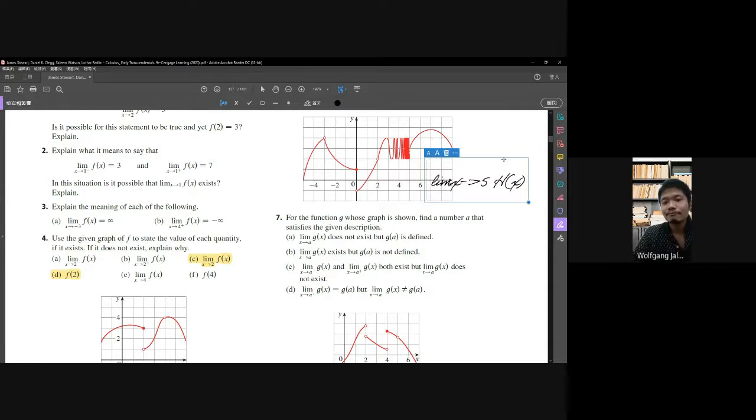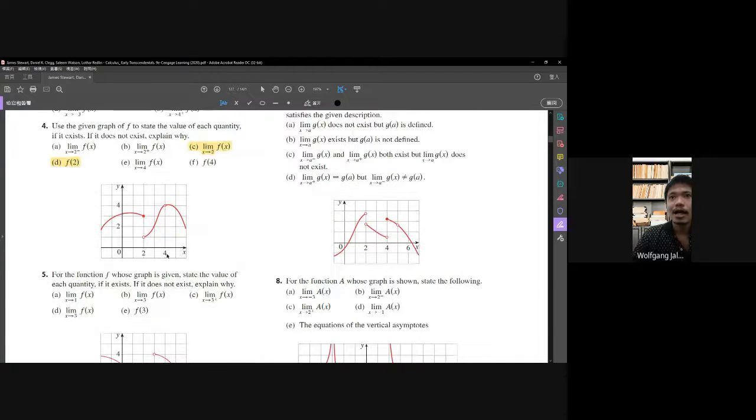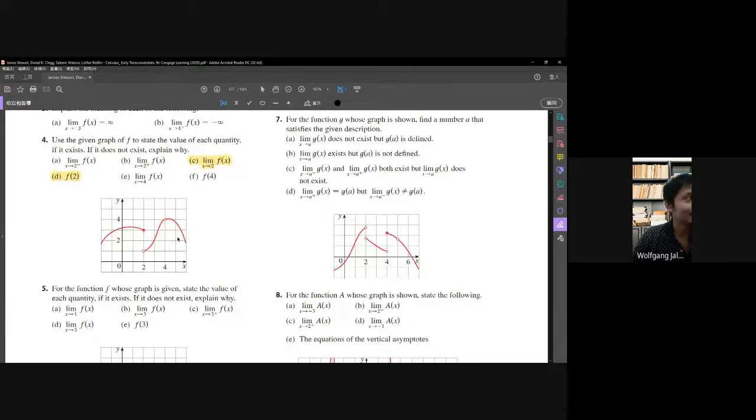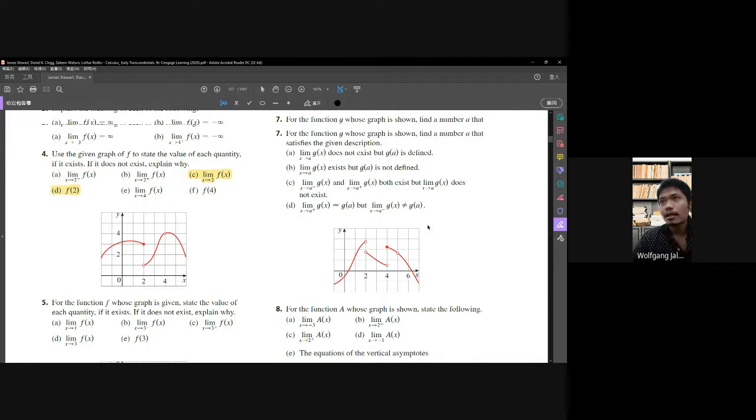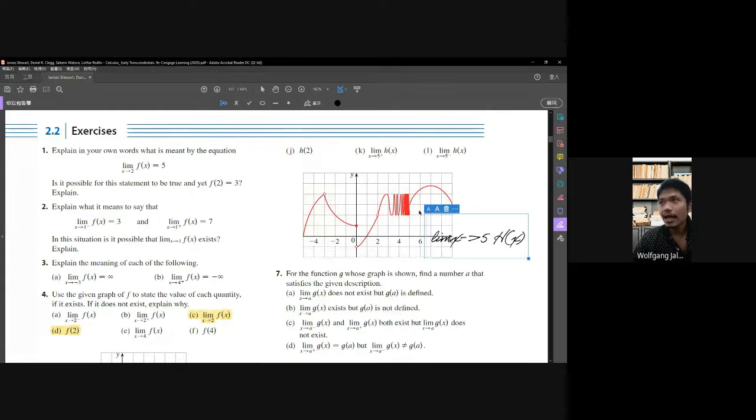Yep. Okay, so this is an interesting idea, because as you can see in the previous question, the limit doesn't exist because there is a discontinuity at 2, so there is a jump. The left and the right don't match. But here at 5, the function is indeed continuous.